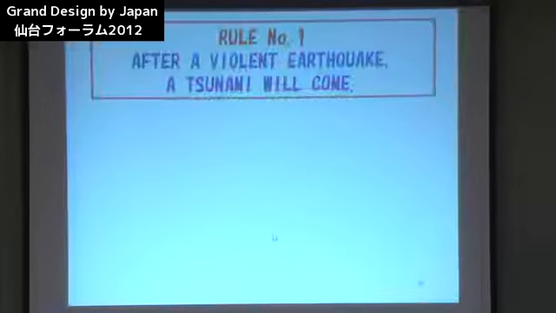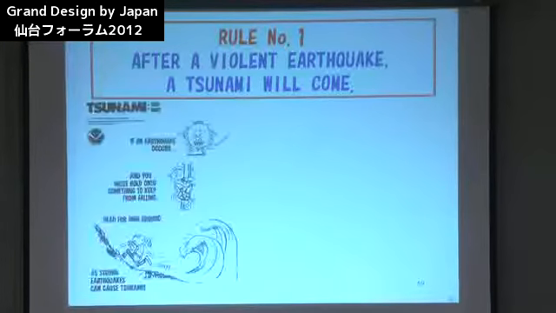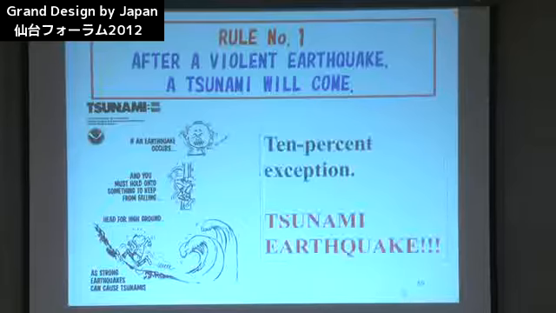Rule number 1 to save your life when an earthquake occurs, this one is most important: after a violent earthquake, a tsunami will come. But this rule has a 10% exception in Japan.